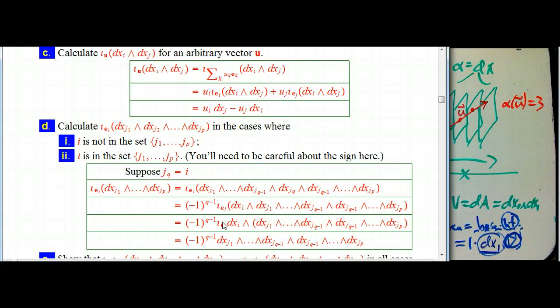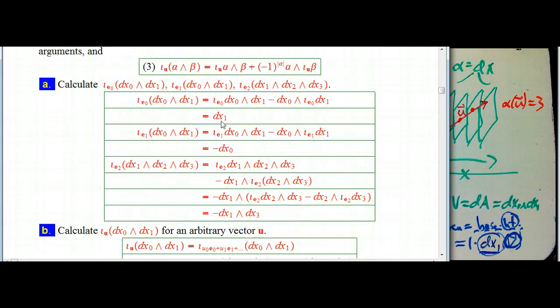Okay, so now the product rule says it's going to be i_{e_I} acting on dx_I, wedge all the rest, plus dx_I, wedge i_{e_I} acting on all the rest of this stuff. But the whole point is there's no match anymore from this part, if we believe my argument there, then that's all going to die. So we actually only get the one term. i_{e_I} dx_I is just 1. So you just get (-1) to a power, plus or minus, all the rest of the dx's.